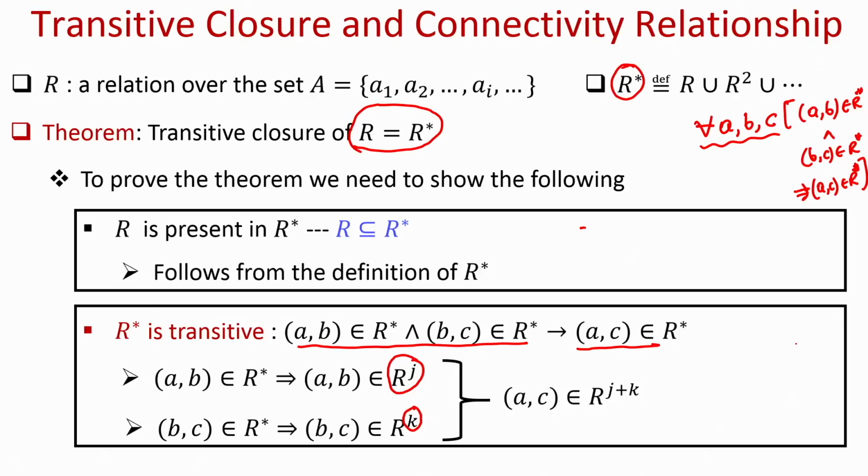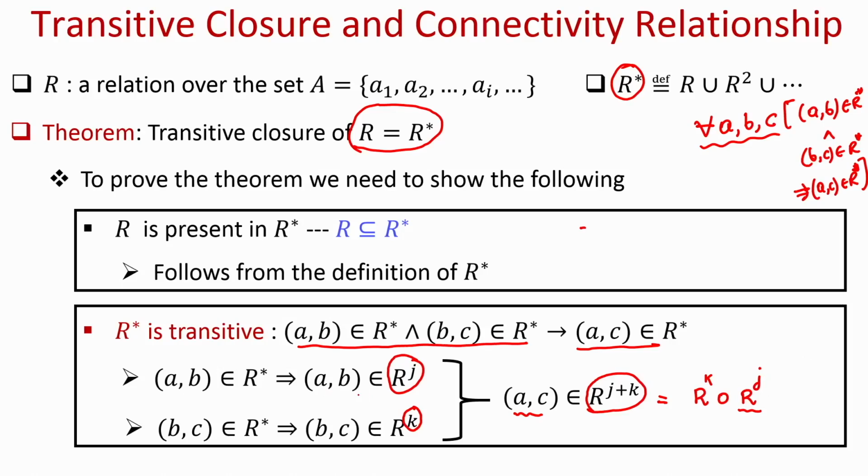Now, what I can say here is that the tuple (a, c) will be present in the j plus kth power of R, because that is the definition of the j plus kth power. The j plus kth power of R will be nothing but R power k composed with R power j. That means, you would have applied the relation R power j first.